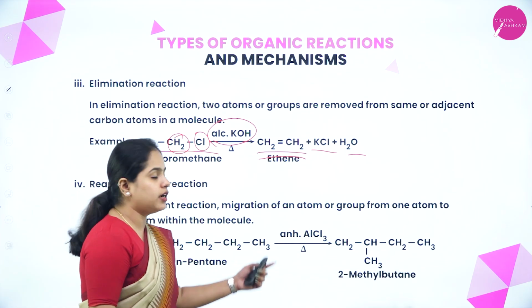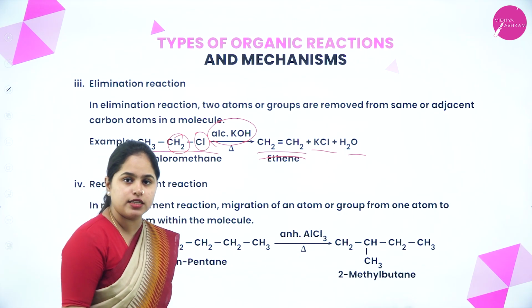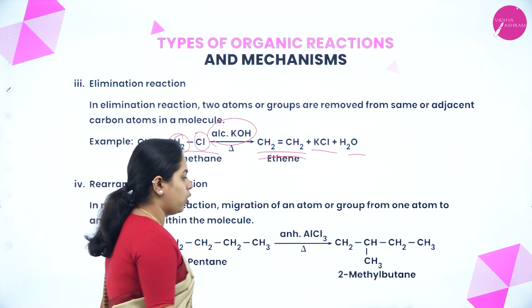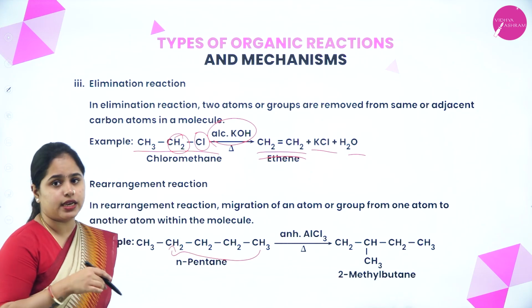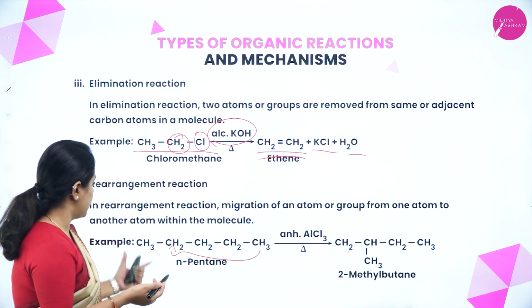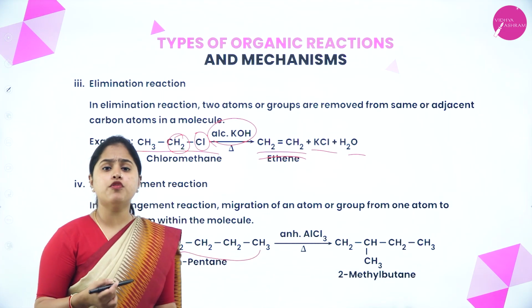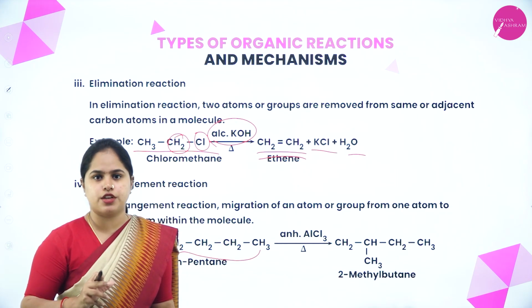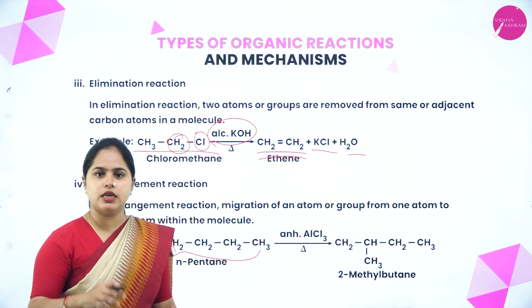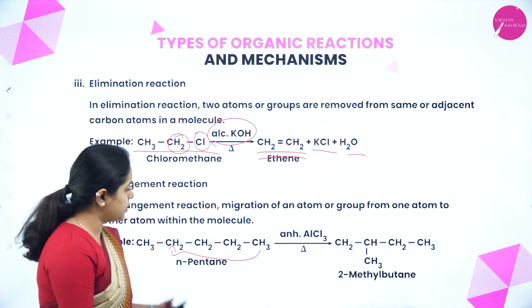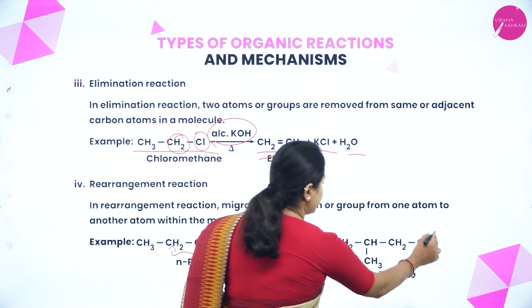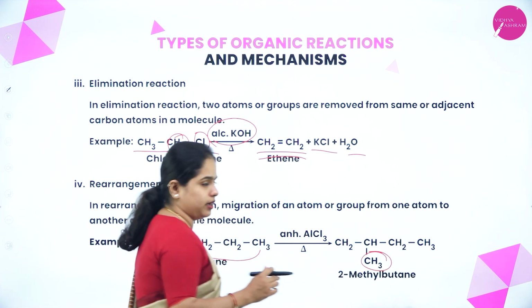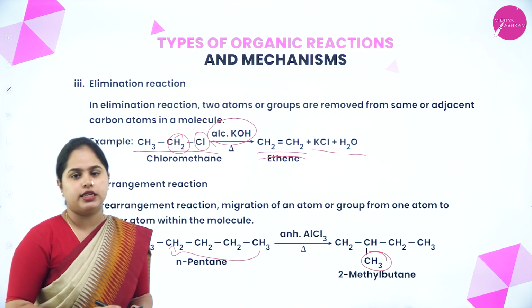When it undergoes reaction in presence of anhydrous AlCl3 and heat, this CH3 group comes and attaches to the second carbon atom. Even though the number of carbon atoms is the same, the structure is different. The molecular formula is the same, the structure is different. Inside the molecule itself, rearrangement takes place and the CH3 group comes and attaches here. So this is called a rearrangement reaction.